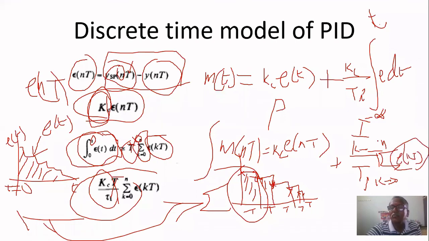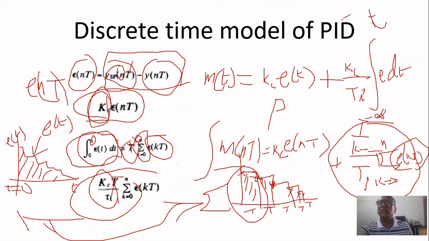All errors up to n will be added and multiplied by Kc T by Ti, where T is the sampling period. So you will get the digital PI controller.